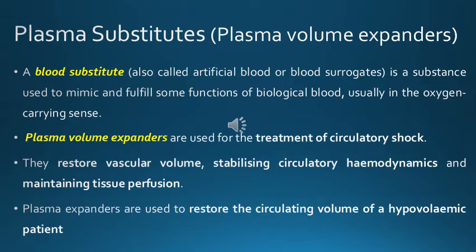Now, plasma expanders, in short, are used to restore the circulating volume of a hypovolemic patient. That means whenever there is a loss of blood and we want to maintain the hemodynamics of that person, in that case we give him plasma substitute.